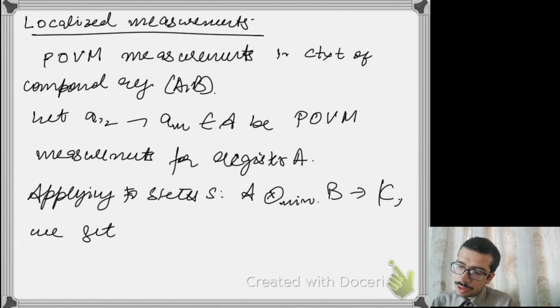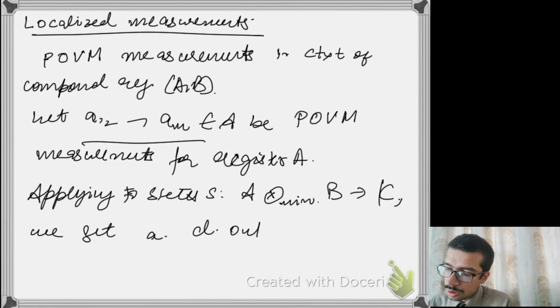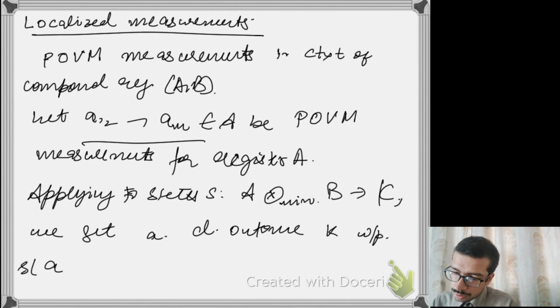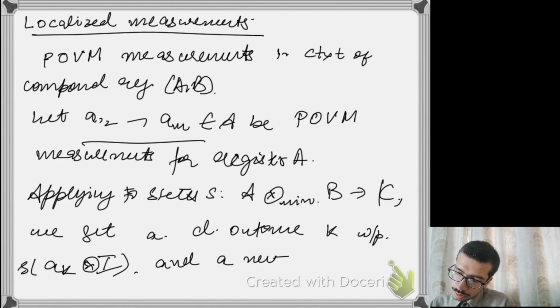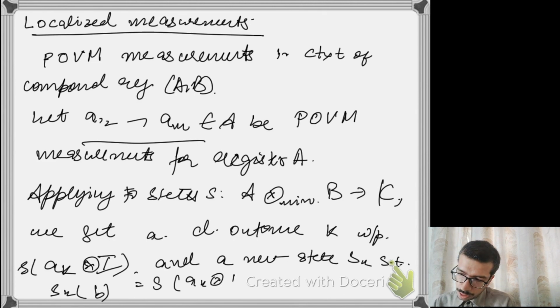We are only measuring the first register here, and we get a classical outcome K with success probability S of AK tensor I, and a new state Sk such that Sk of b equals S of AK tensor b over S of AK tensor I for all b in B.